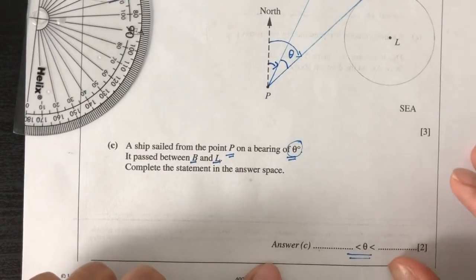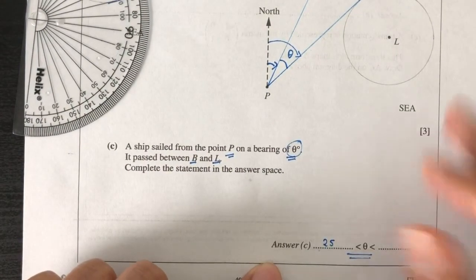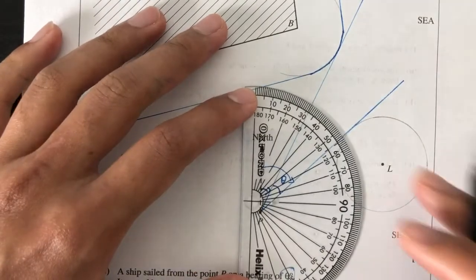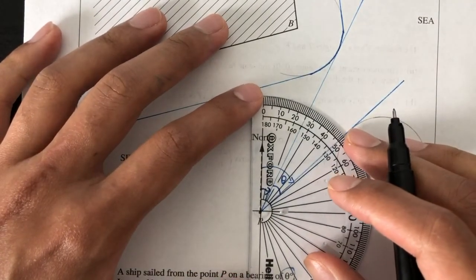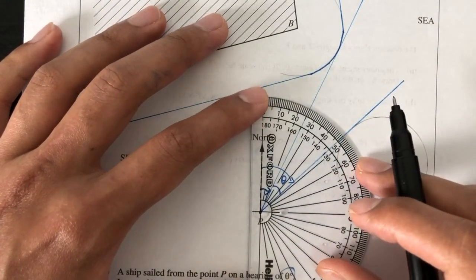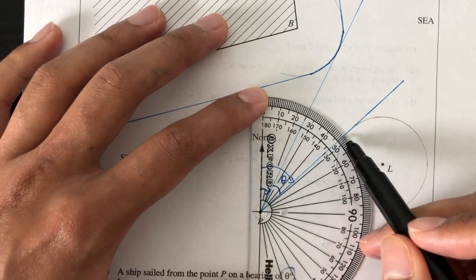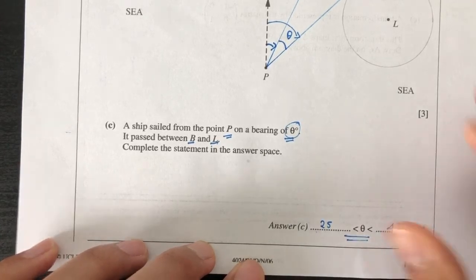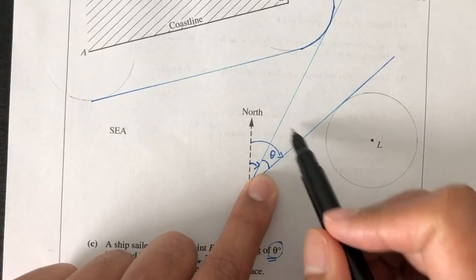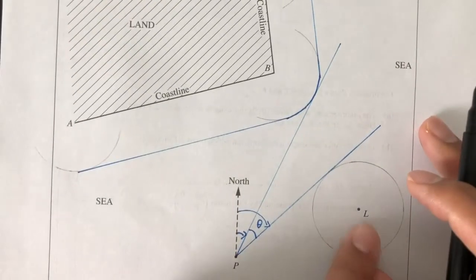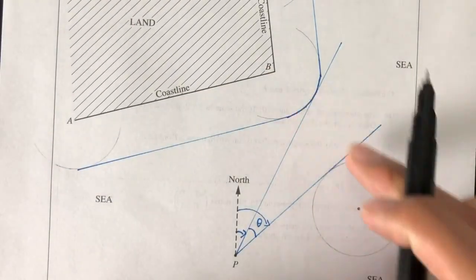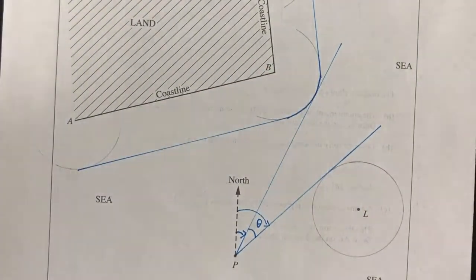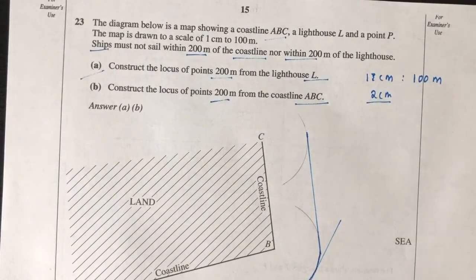So from 25 to, what is this one? This one is 47. So 25 to 47 will be the angle where it can move. So it passes between L and B without touching these two lines. So that will be question number 23.